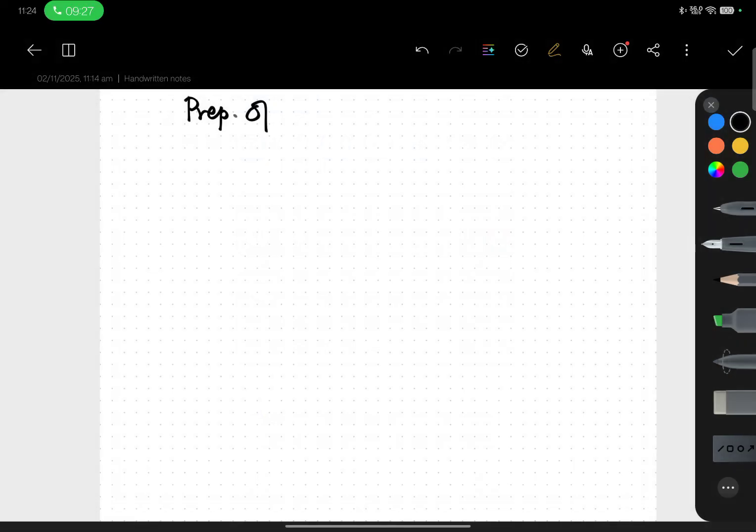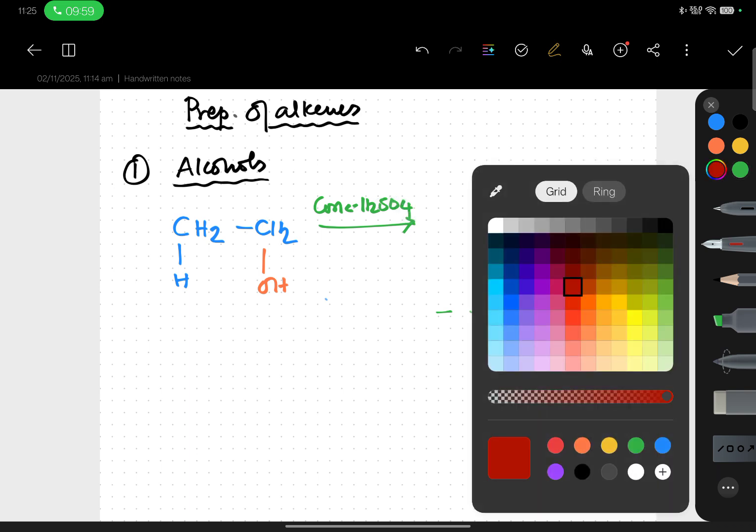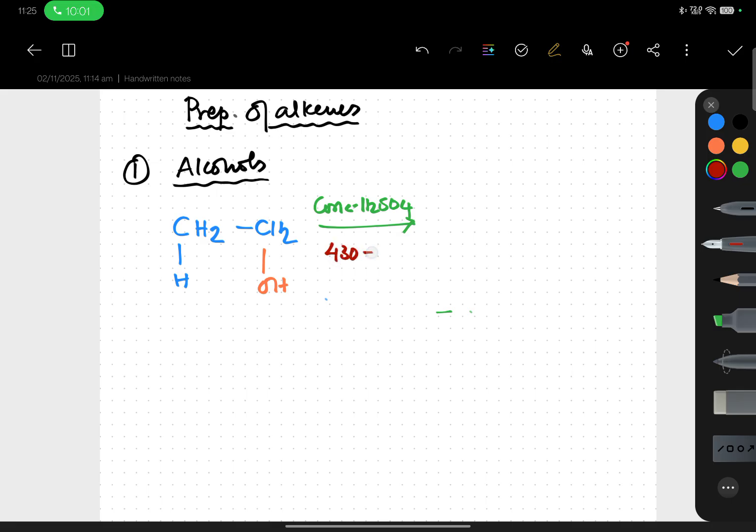Preparation of alkenes. So when I say preparation of alkenes, number one, you can prepare it from alcohols. Take the example, let me take ethanol, CH3CH2OH. Just heat it with concentrated sulfuric acid at a very high temperature of 430 to 440 Kelvin.